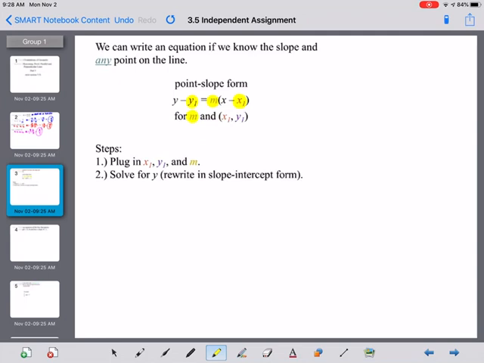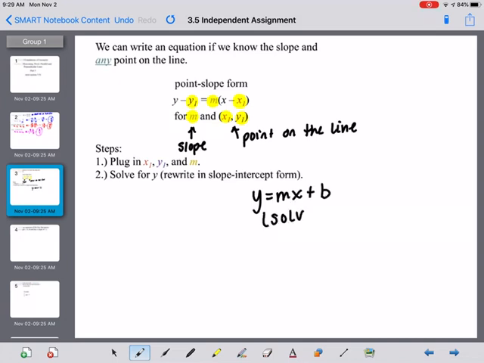So we're going to know the slope, and we're going to know a point on the line. Okay, so our steps would be to plug in for all of those points, x1, y1, and m, and then we solve for y, and we rewrite in slope-intercept form, which looks like this. So essentially, you're just going to solve for y, isolate y.